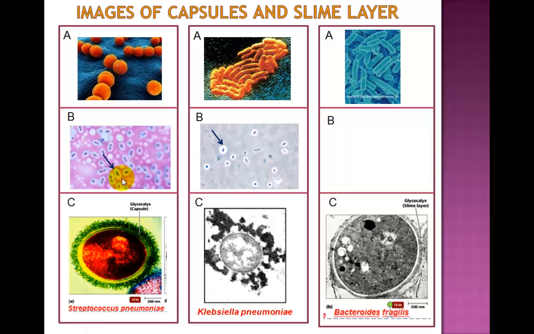The capsule is white because the dye cannot penetrate the thick polysaccharide layer of the capsule. Because of the looseness of the slime layer, it is easily washed off and thus cannot be stained in the case of Bacteroides fragilis.